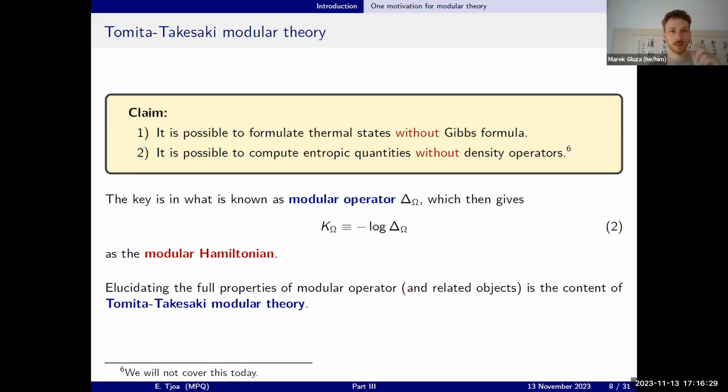And if delta exists, then they are the same? No. My point is that you may not have density operators at all, and delta still makes sense. And whenever density operators exist, delta will just be a simple formula in terms of density operators.